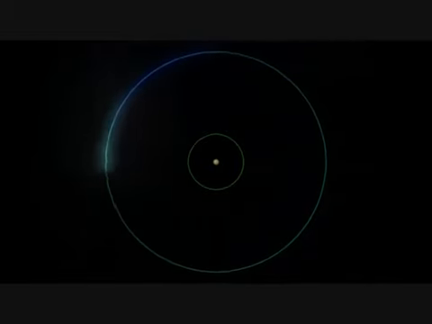Translated, this means the electron can occupy orbits only at certain distances from the nucleus.